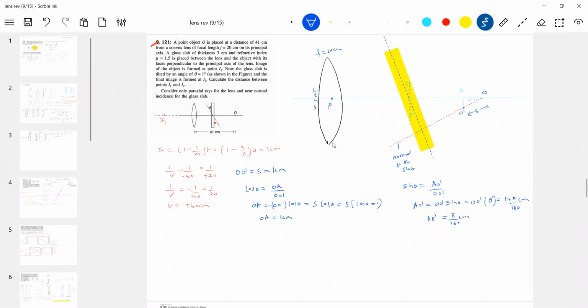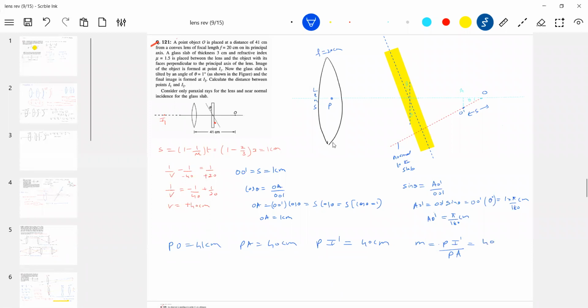PO is 41 centimeter. So the image PI dash should be 40 centimeter, because the focal length is 20 centimeter. Then what is the magnification? Magnification should be PI dash by PA.